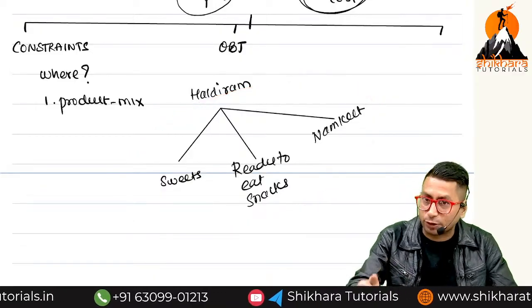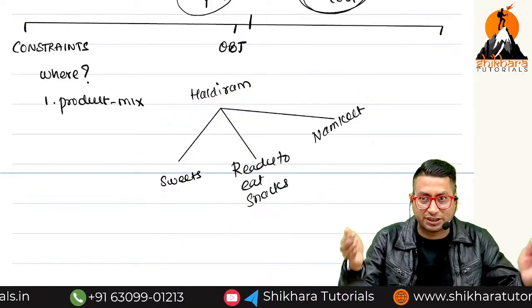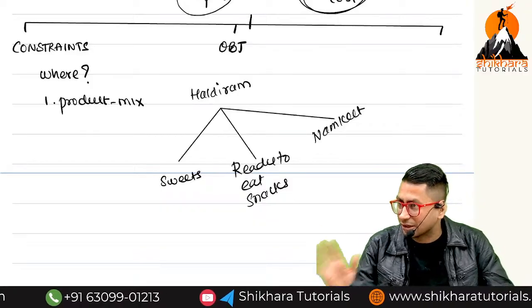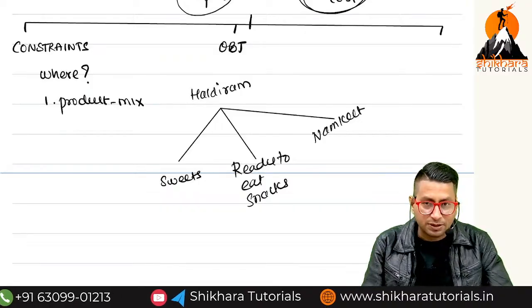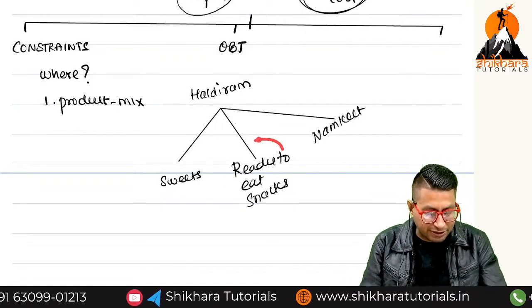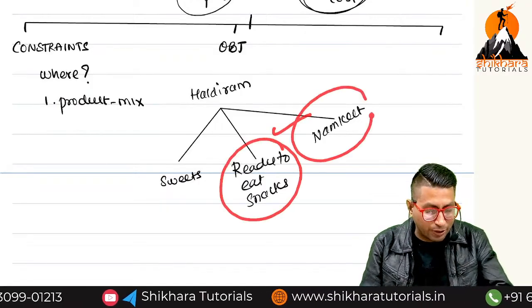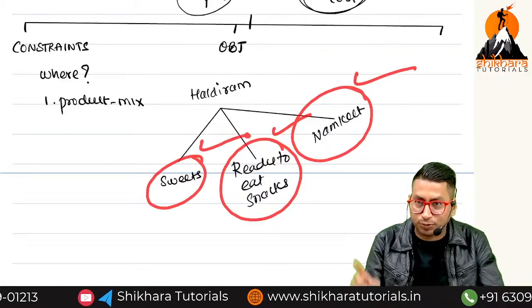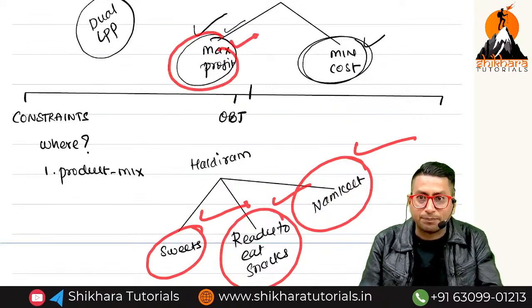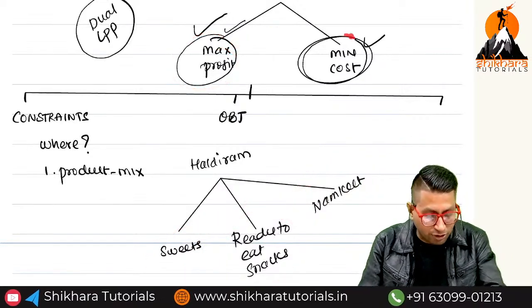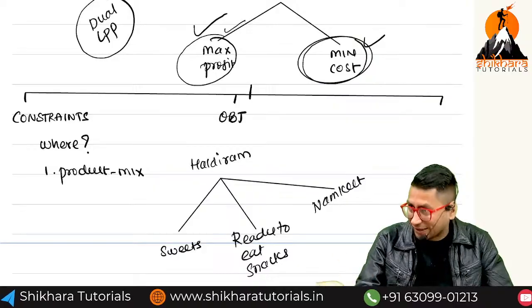We create equations and solve them either using the simplex method or the graphical method to find out the best mix of products. After calculation, we found out that if I produce 70% ready to eat snacks, 25% namkeen, and 5% sweets, then my profits will be maximized.